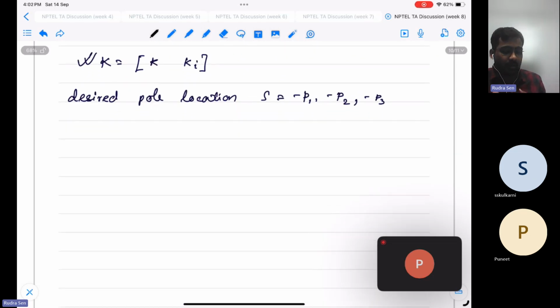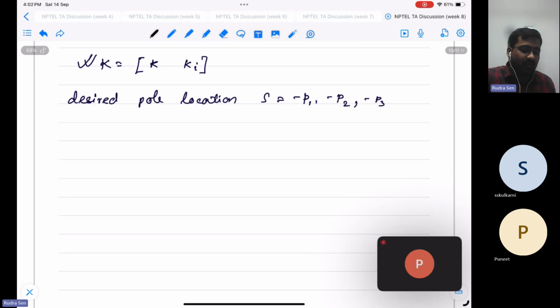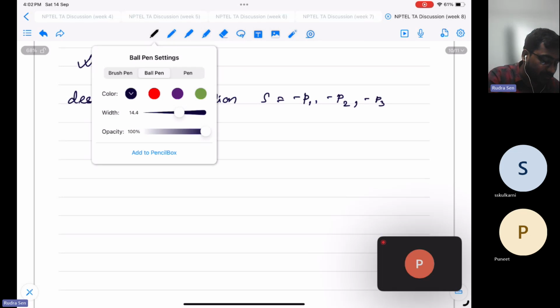If the input is 2 or 3, based on that you use the place formula, or you use the normal simple formula, anything. You can find out the value of k, and we will see my steady state error is reduced to 0. So this is very much similar to the previous examples, so I'm not going to give any example. I am just talking about the theory part.